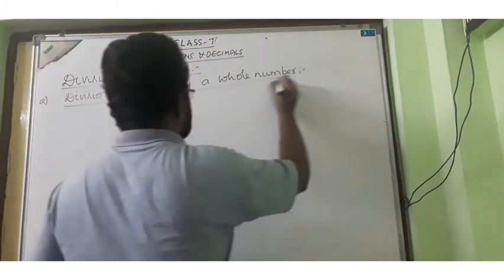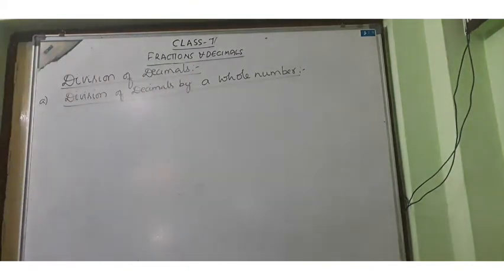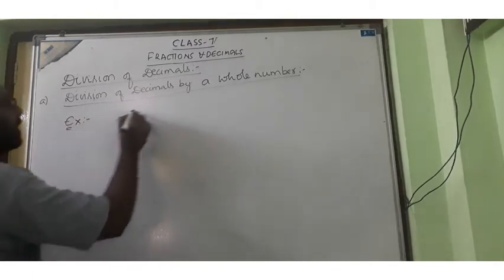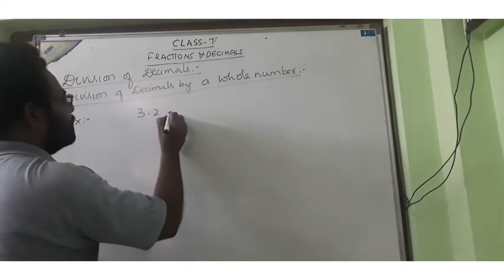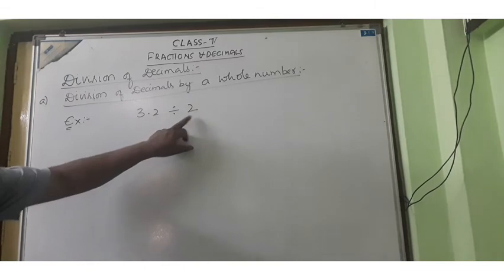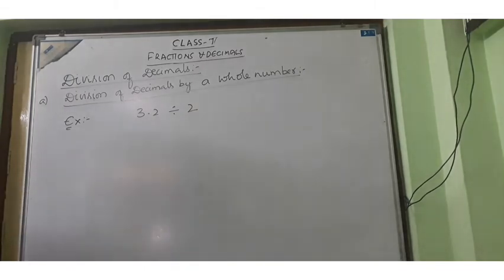Suppose we have taken a whole number, and the decimal will be divided by the whole number. For this example, I am taking 3.2 divided by 2. 2 is a whole number, 3.2 is a decimal number. So 3.2 divided by 2.